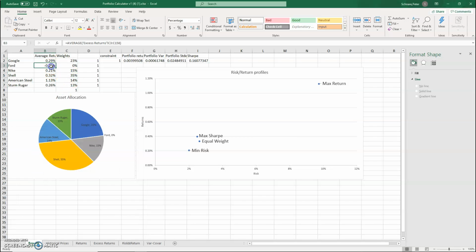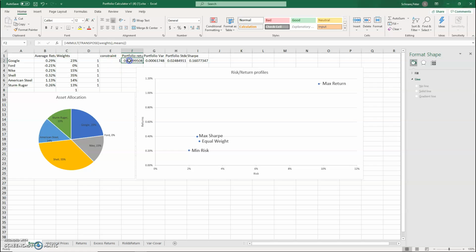And here we see that you can expect to lose money with Ford. So what we did was we took these 6 assets here, and then we assigned an equal weighting to each of them. And this is just a little constraint check here. Essentially, they all had an equal weighting.